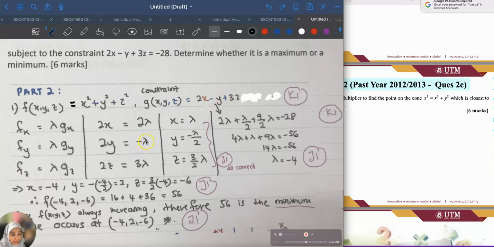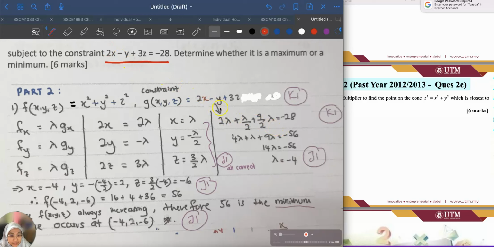So you have negative lambda, so y is negative lambda over 2. And fz, you got 2z equal to gz is 3, so you got 3 lambda, and z is 3 over 2 lambda. So based on these 3 expressions, x, y, z, we substitute this into the original constraint function, this one.